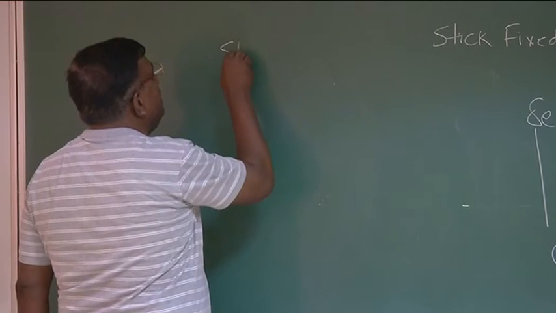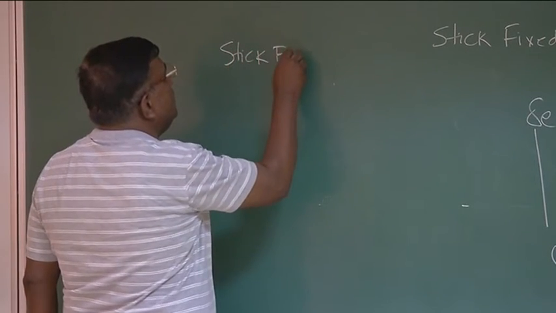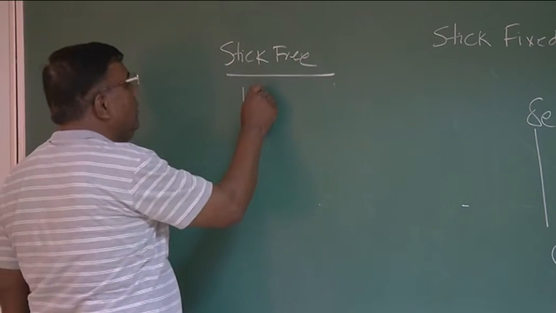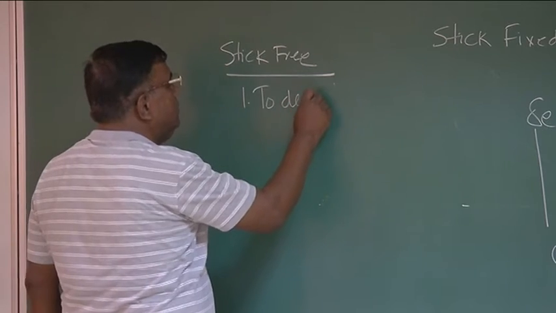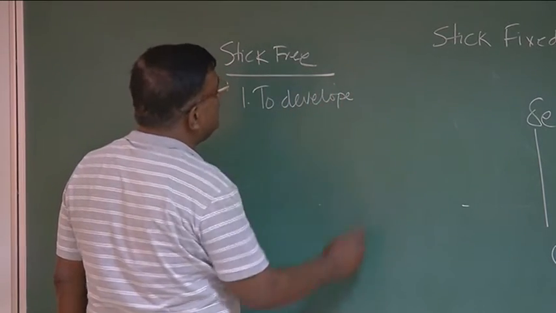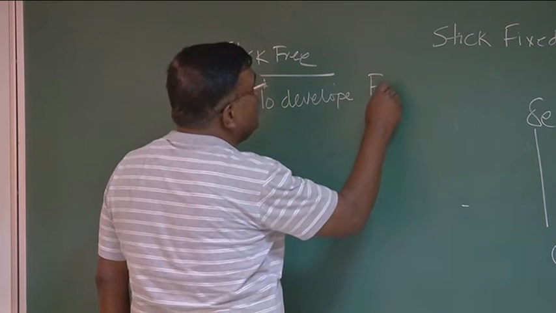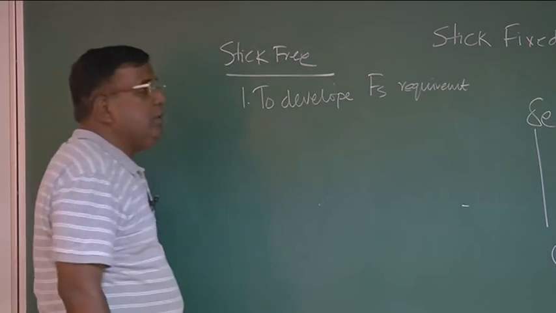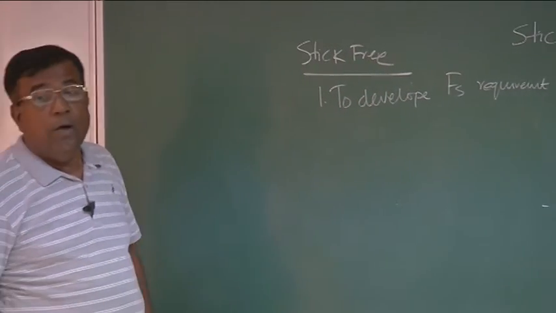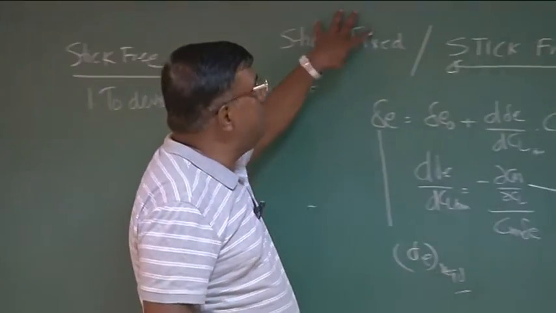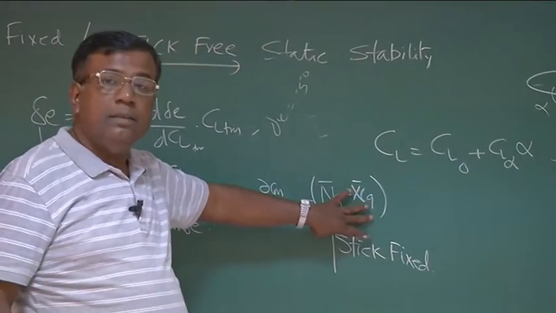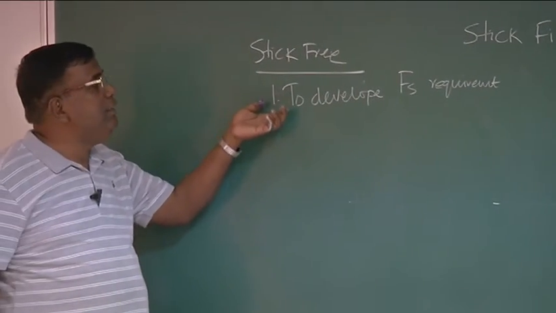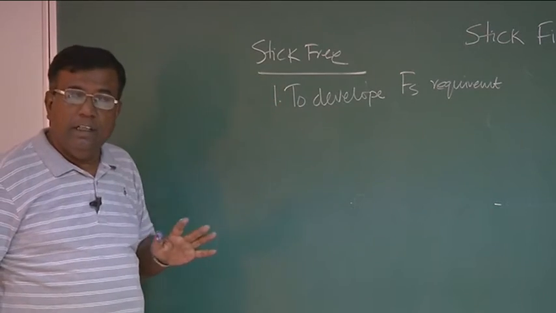So the stick free concept was used to develop the stick force requirement to deflect it to the desired angle. But how much angle? That is always decided by the stick fixed case. Okay? How much force is required? In that analysis, we'll be using the stick free concept. This should be very, very clear.